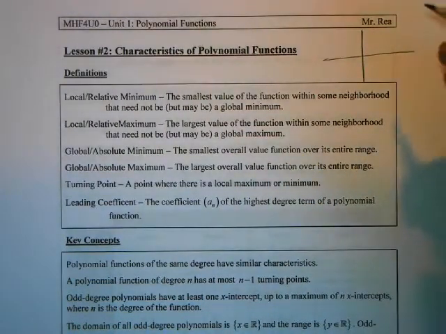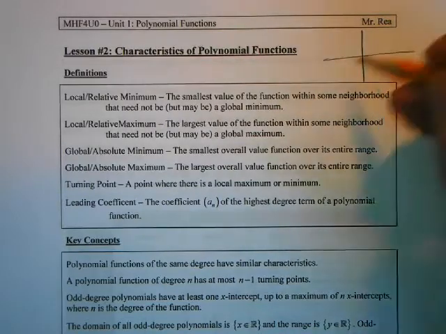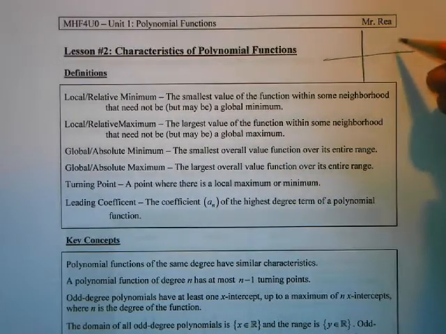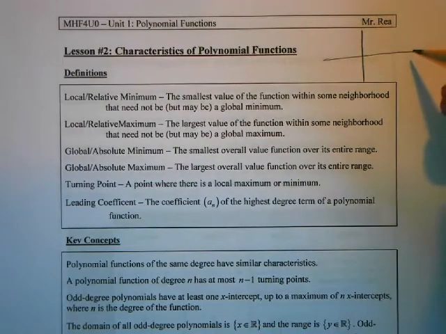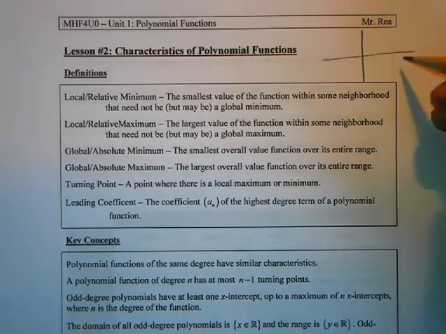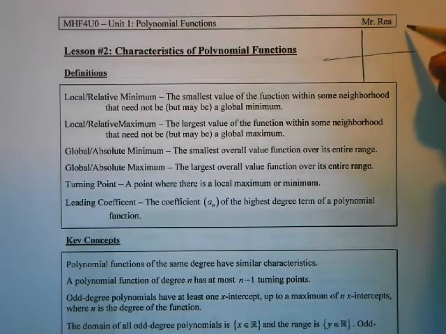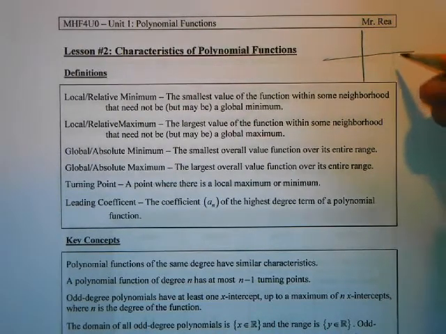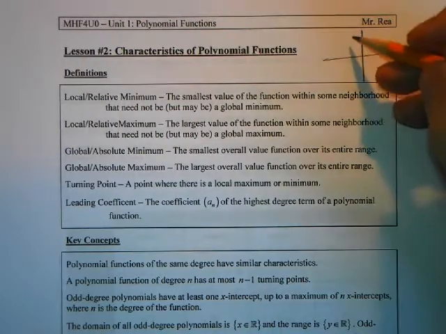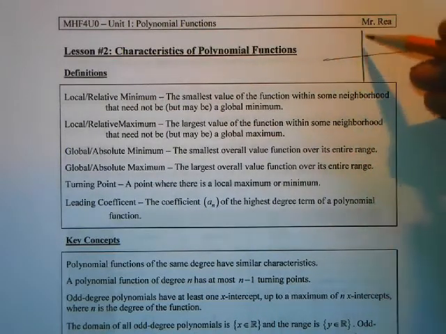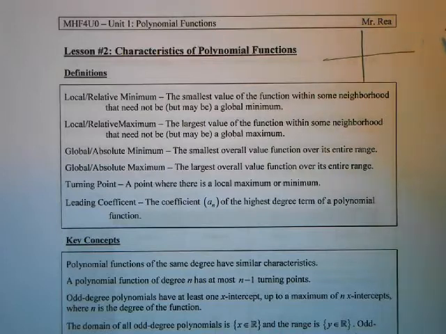Now, what happens at the end, and we're going to talk a lot about this, is as the function goes to the extreme right, meaning very high positive values of x, the function will either head off to positive infinity or down to negative infinity. Okay, and the same behavior at the other end. So it's not going to end up in a straight line or go towards an asymptote. It will definitely be heading towards positive or negative infinity on both ends. We call that end behavior.